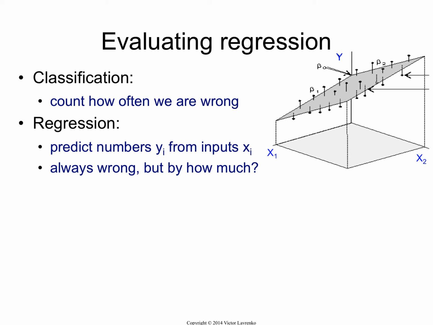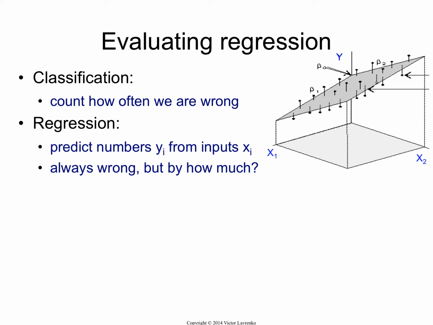Linear regression would predict those values on the plane, and what you're trying to see is how close is that plane to the data points. And the way you measure it is you look at the difference between the real y value and the y value predicted by the hyperplane.